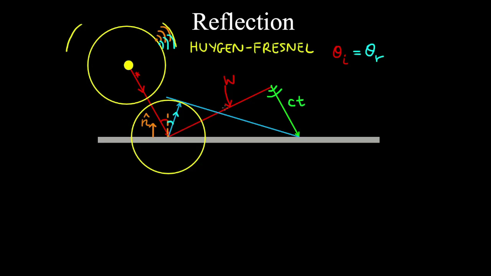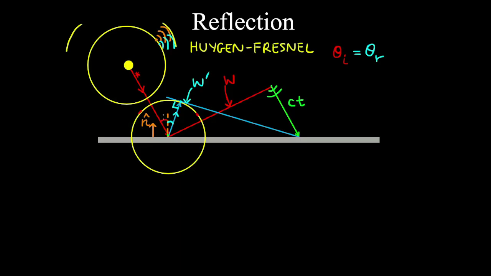Now after this incident wave w collides with the surface, it gets reflected. And the reflected wavefront is seen by this hemisphere above the surface. So the blue reflected ray is perpendicular to this wavefront. And this blue line here represents the reflected wavefront, which is tangent to this circle at this point.